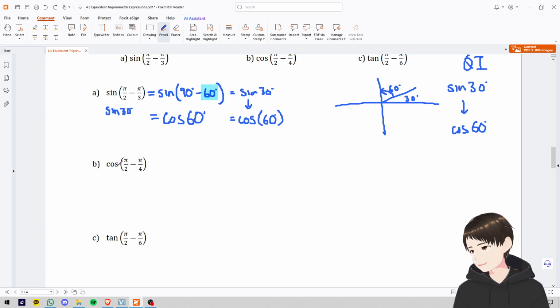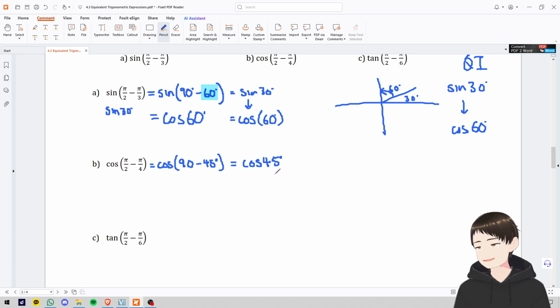Cos of 90 minus pi over 4, that's 45 degrees, is like asking, what is an equivalent trigonometric expression for cosine 45? In my head, I ask, if this is 45, what angle do I make with the y-axis?